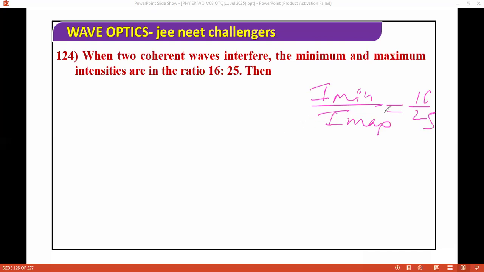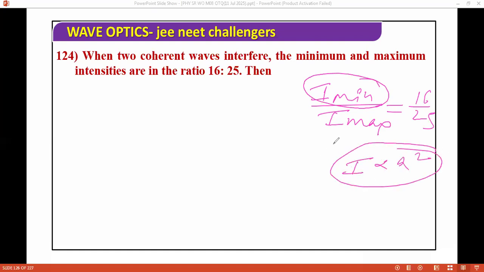If I ask you, I min is what? Intensity is basically the square of amplitude. Yes or no? So from here, can you find out A min by A max directly?